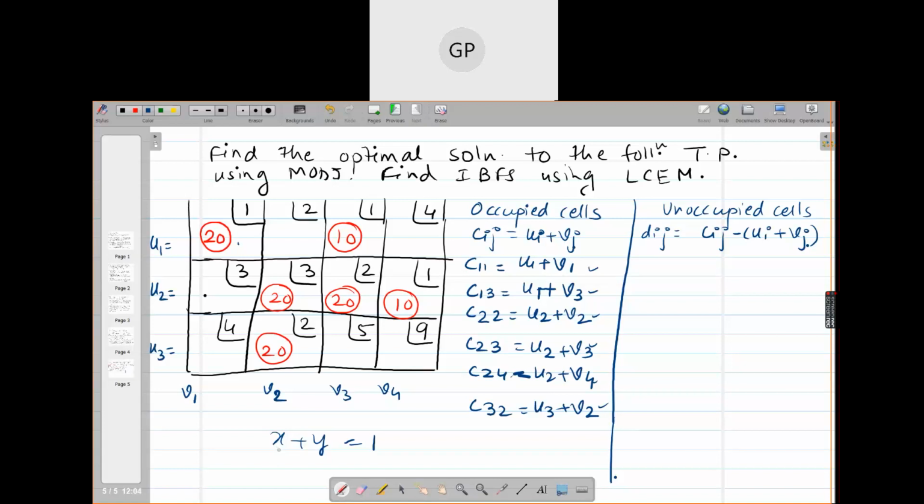If I set x as 0, I get y as 1. If I set y as 0, x will be 1. If y is 1 or 2, x will become -1 and so on. So you have to set one value to get the other value.